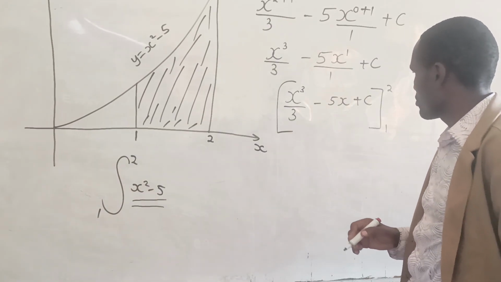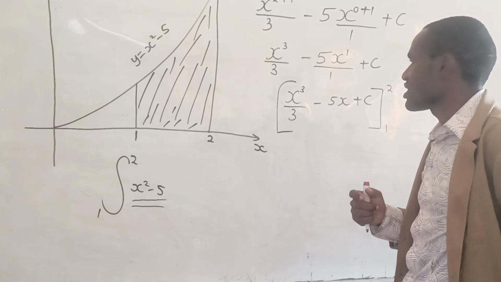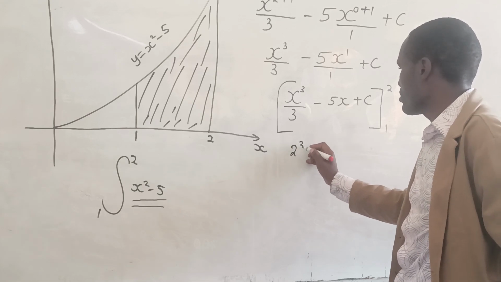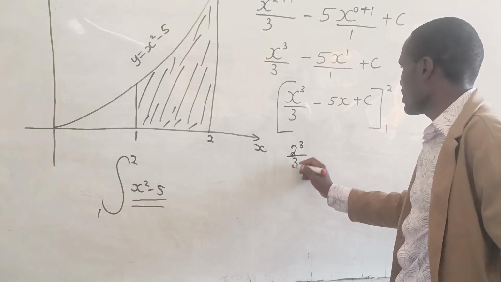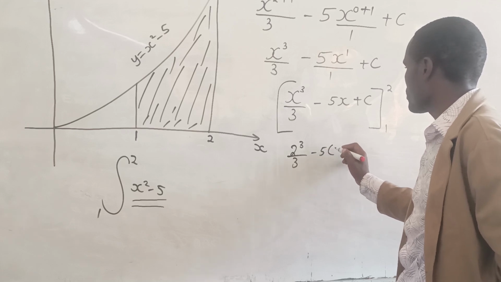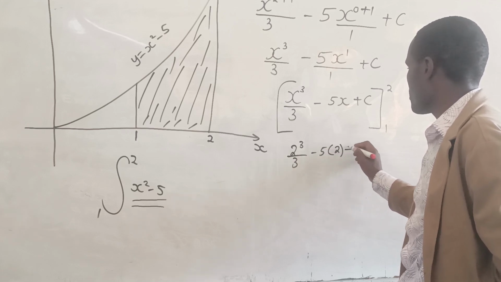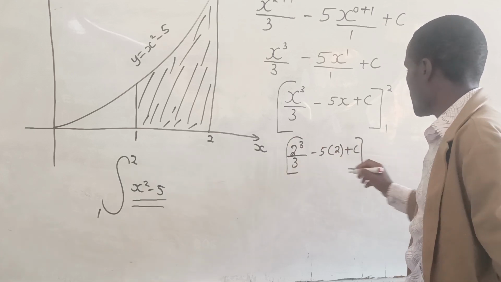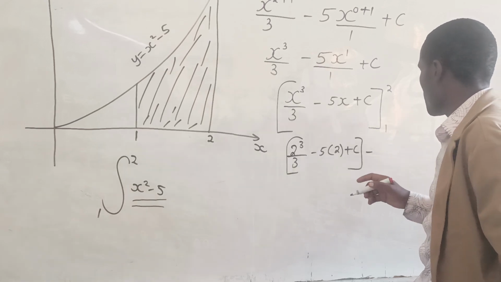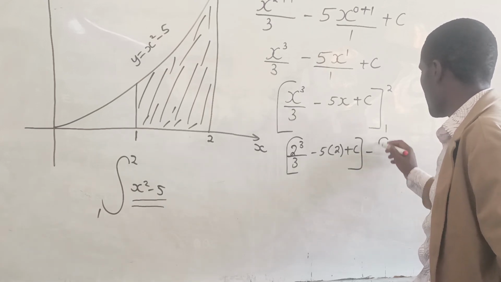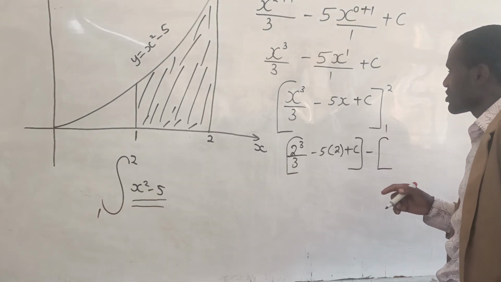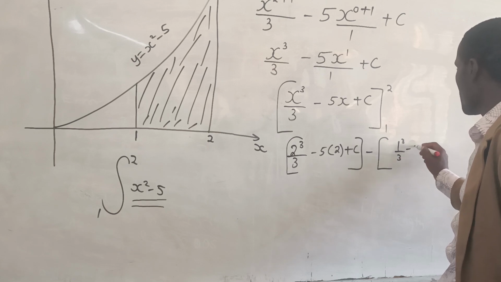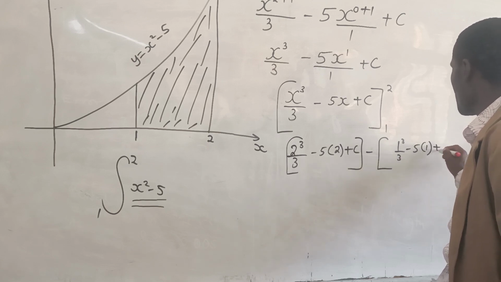To proceed, we substitute where the variable x is with those two limits. So we have 2 cubed over 3 minus 5 into 2, plus the constant c, and we subtract from this the other part that takes the other limit, 1: 1 cubed over 3 minus 5 into 1, plus the constant c.